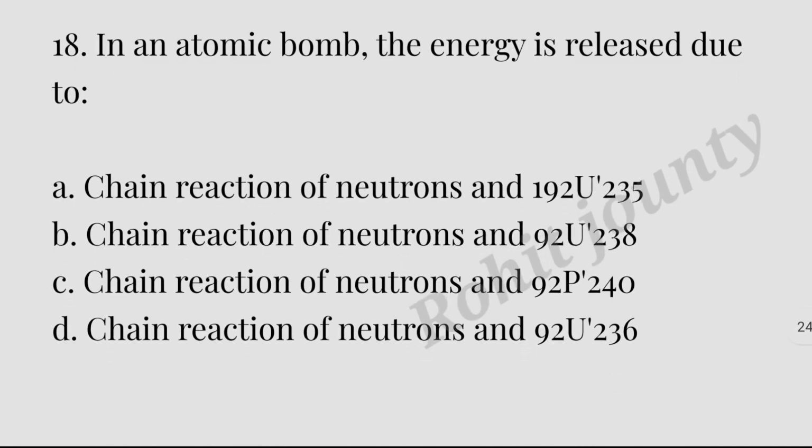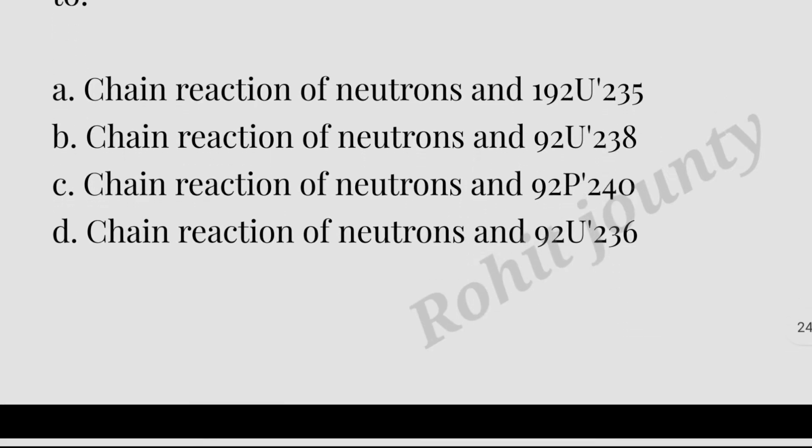Question number 18. In an atomic bomb, the energy is released due to option A chain reaction of neutron and 92 uranium 235, option B chain reaction of neutron and 92 uranium 238, option C chain reaction of neutron and 92 uranium 240, option D chain reaction of neutron and 92 uranium 236.